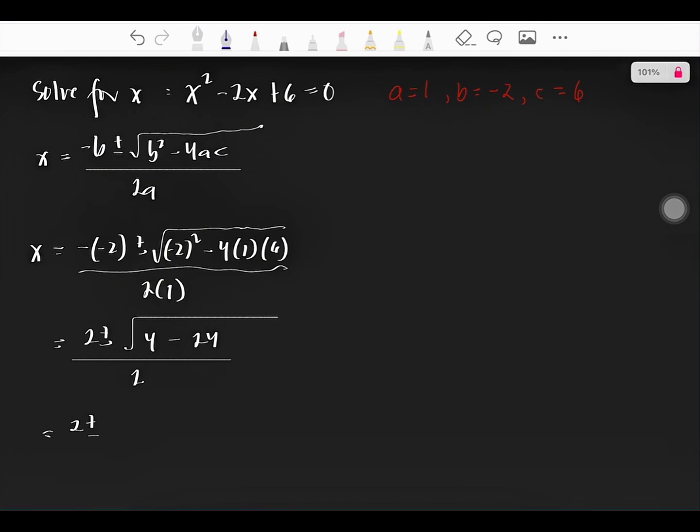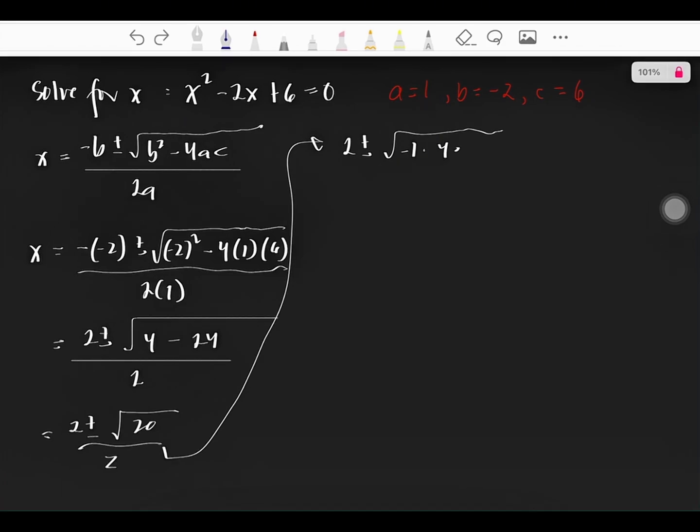And now we have 2 plus or minus the square root of 20, all over 2. So now let's try to expand our square root of 20. Now we have 2 plus or minus the square root of negative 1 times 4 times 5, all over 2.